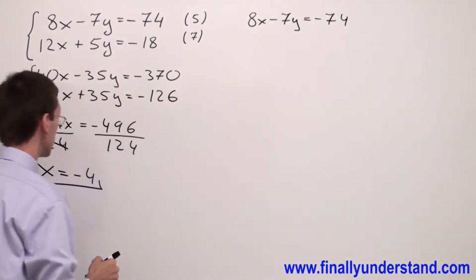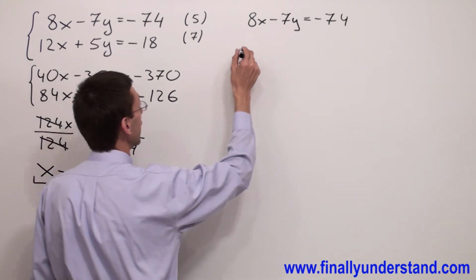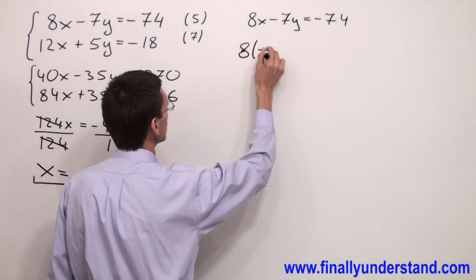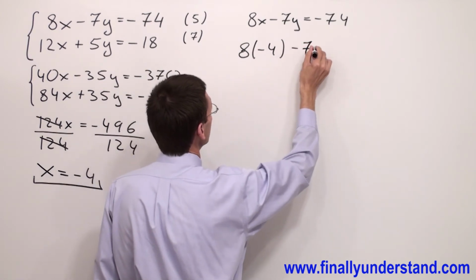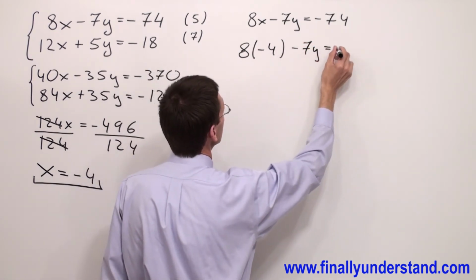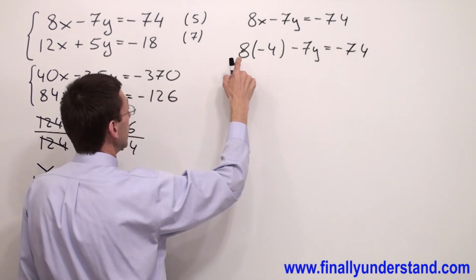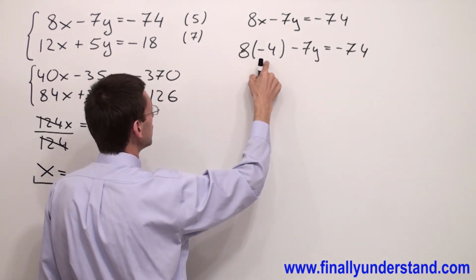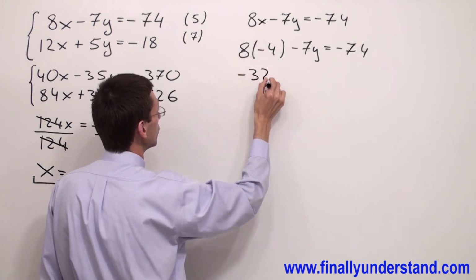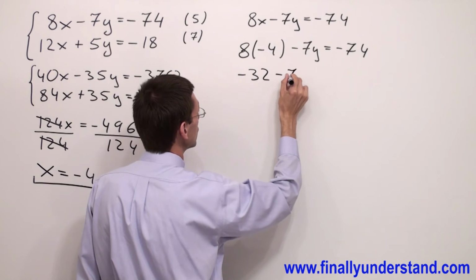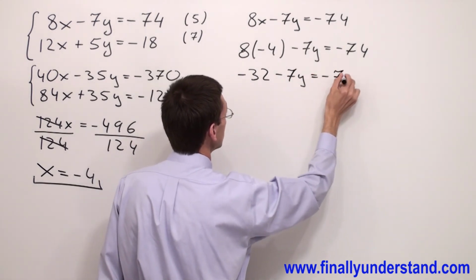We said that x I'm supposed to replace by negative 4. I have 8 times negative 4 minus 7y equals negative 74. 8 times negative 4 is equal to negative 32, minus 7y equals negative 74.